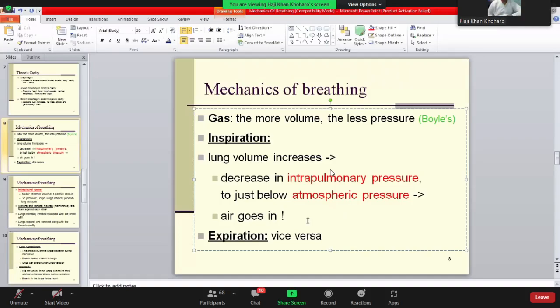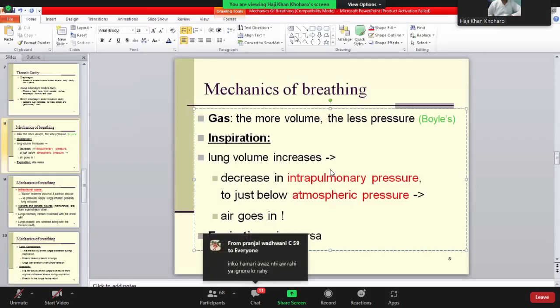In expiration, the intrapulmonary pressure increases above the atmospheric pressure and air leaves the lungs. We will repeat this slide of intrapulmonary pressure and atmospheric pressure.